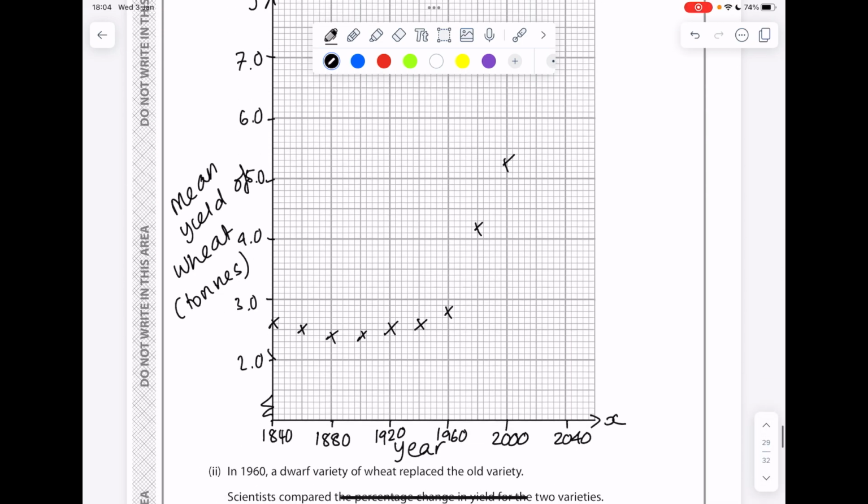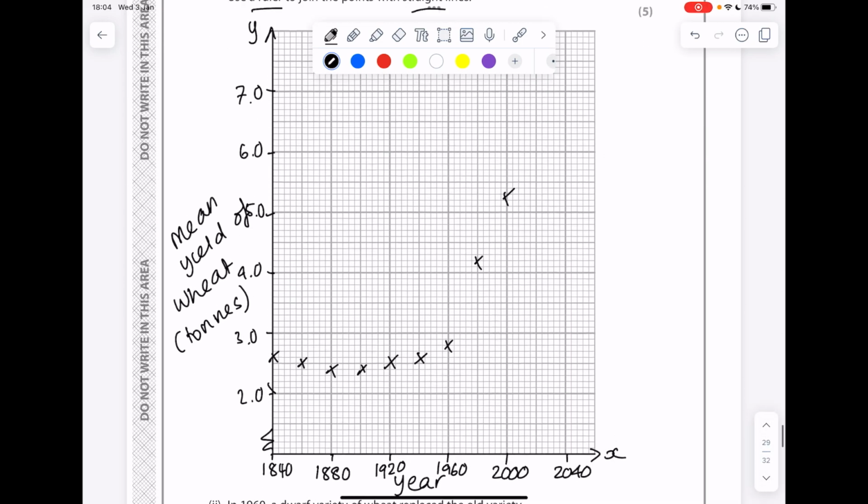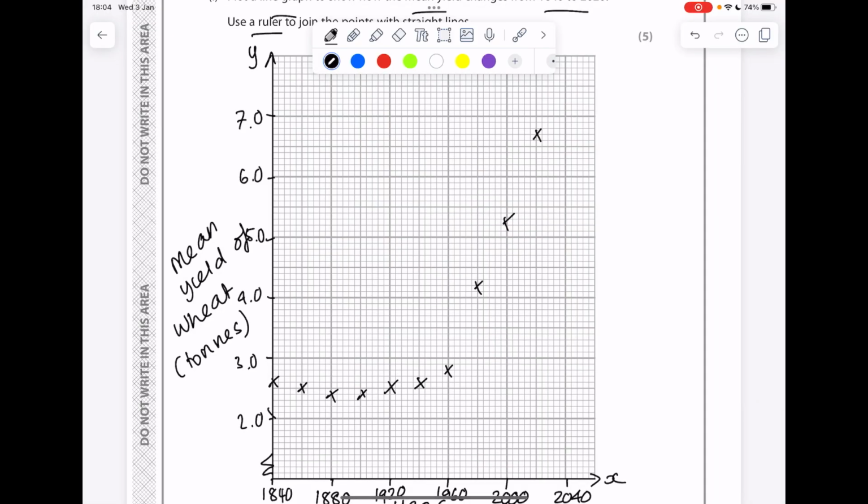And then a huge jump at 2020 at 6.7. And then it said use straight lines to join the points.